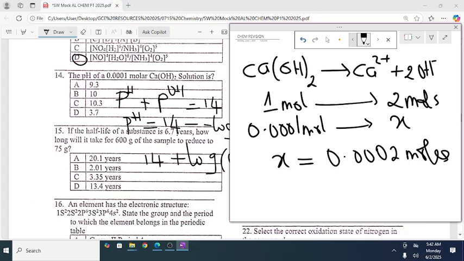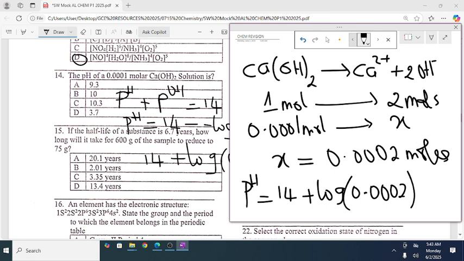With this we have that the pH becomes 14 plus logarithm of 0.0002. Let me do the punching: 14 plus logarithm of 0.0002. I get 10.3. So option C is correct.